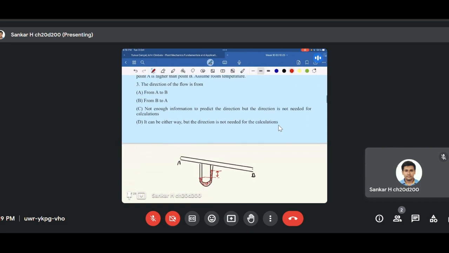So the mercury manometer reading is 35 millimeters.